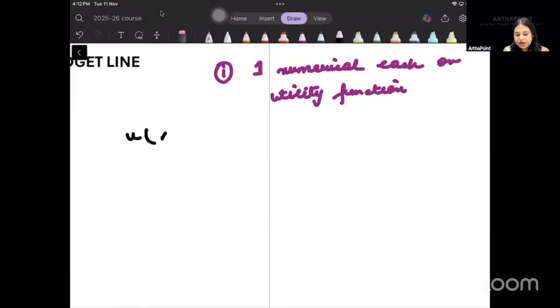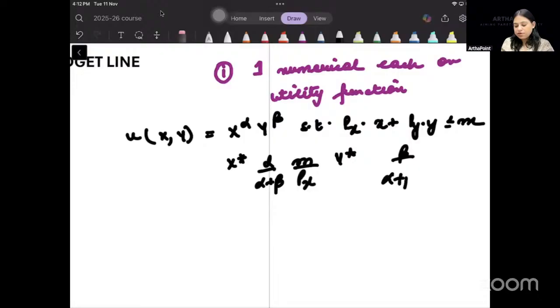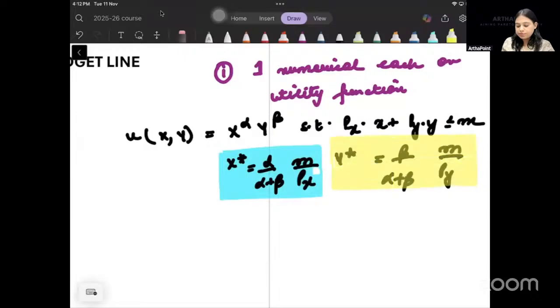For example, if I tell you u of xy is x to the power alpha, y to the power beta, subject to pxx plus pyy less than equal to income, we know that for the Cobb-Douglas utility function, the equilibrium x star and y star is alpha upon alpha plus beta, m by px, and beta upon alpha plus beta, m by py. We know that this is the equilibrium that we have.